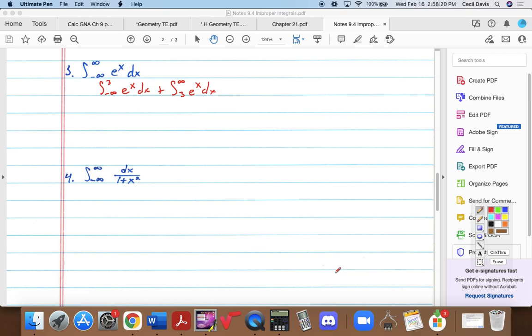Or 0. So I'll rewrite this as the limit as a goes to negative infinity of the integral from a to 3 of e to the x dx. And I've really used a already, so I'm going to use b for this one. The limit as b goes to infinity of the integral from 3 to b of e to the x dx.